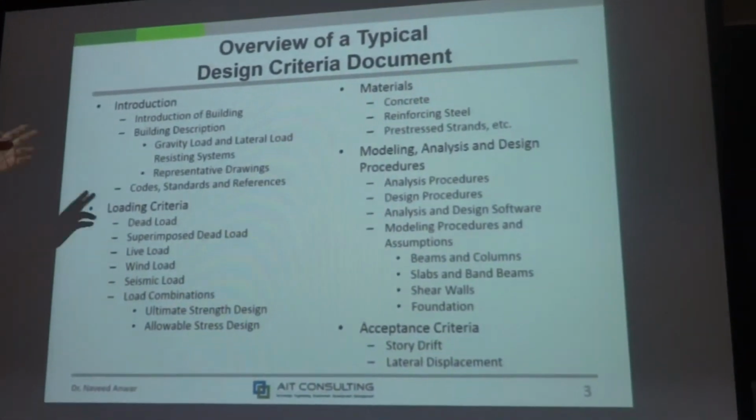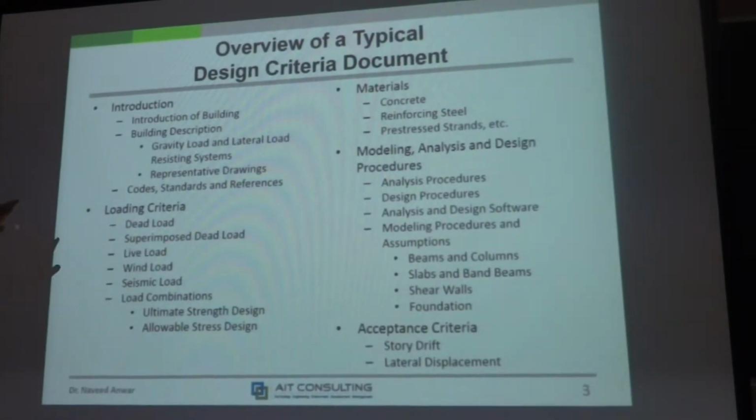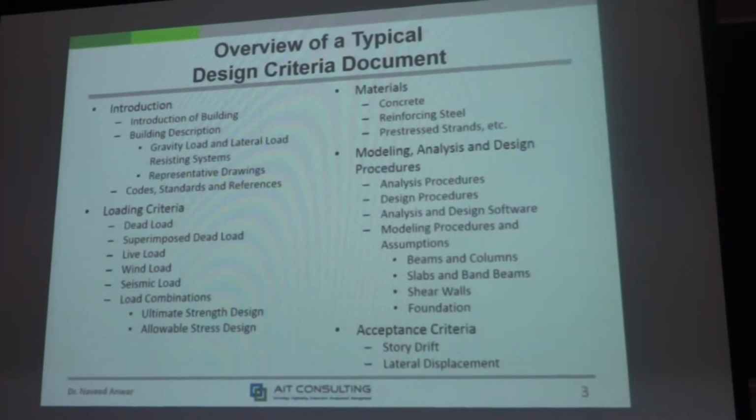First of all, an introduction to the building, where you have to describe it. I will go into the details of each one of them. This is the overall content of a design criteria. Let's see the details now.